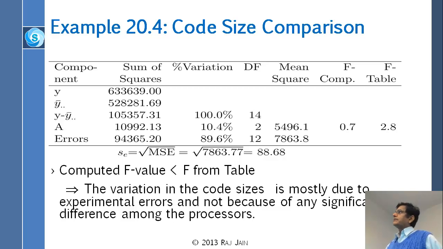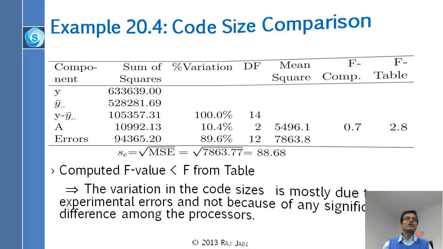If you want 90% confidence, you get 2.8, but when you look into the table, you have to look at 2 and 12, right? 2 numerator degrees of freedom and 12 denominator degrees of freedom. The F table is a 2-dimensional table, right? You will get 2.8, and since it is less, it is not significant. So statistically also it is not significant, and it's also not important.